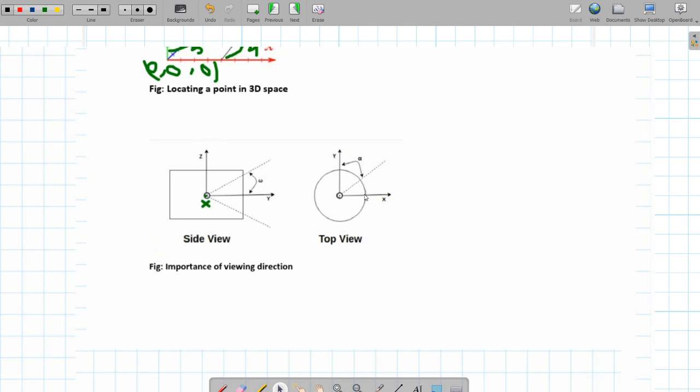Sorry, here is your eye, and along the z-axis you are looking into this direction. So you can see that the z-axis is basically now a point, or it seems like a point here.